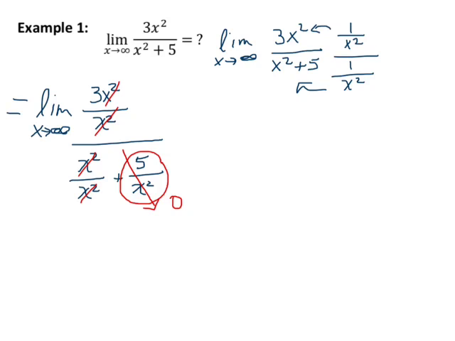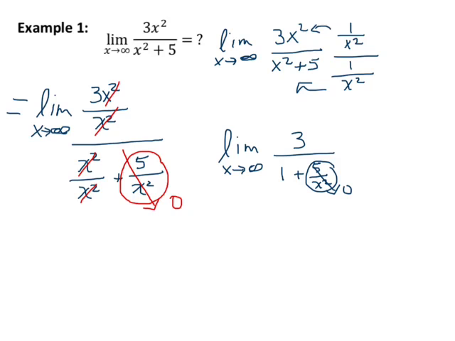We end up having, when we simplify this, the limit as x goes to infinity of 3 over 1 plus 5 over x squared, and again I said that this was 0, so essentially we can't plug in infinity here.